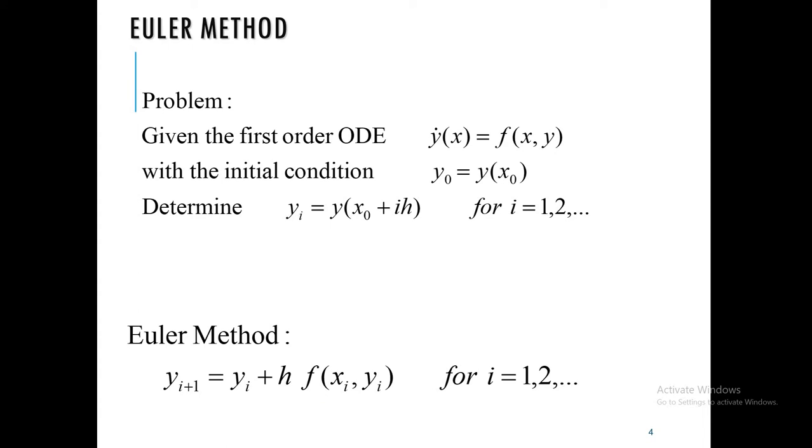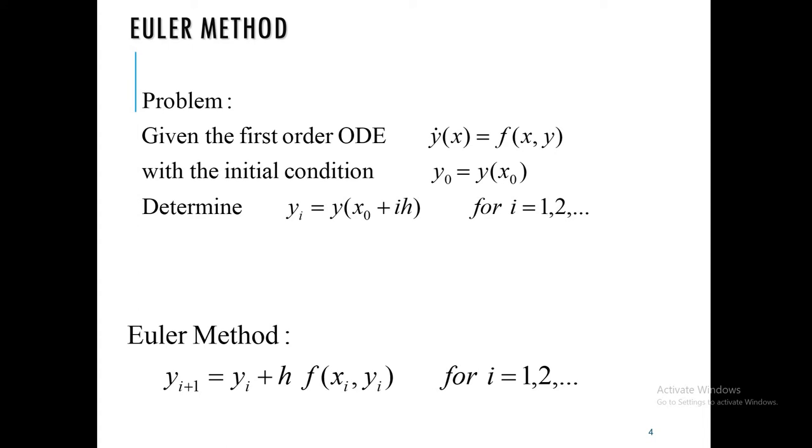Now when i equals 1, then this is going to be y_(1+1), which will be y2. By then you've already estimated y1, plus h times f at x1 and y1.